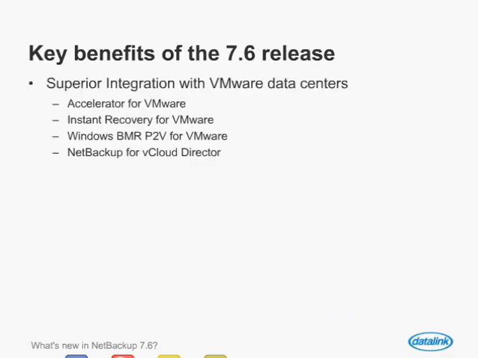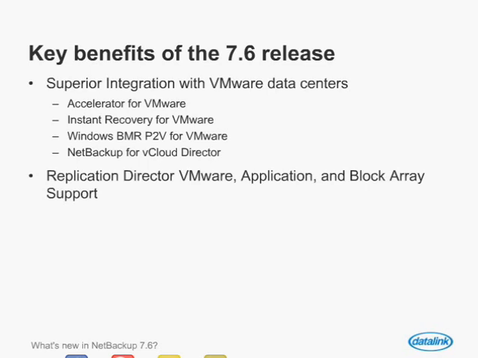What we're going to go through in detail today is the vast advancement in the VMware for VMs, Accelerator for VMs, where I'm able to run incremental backups and manage them as full, integrated completely with VMware, instant recovery within VMware right from NetBackup, being able to do bare metal restore from a physical to a virtual in VMware, as well as being able to back up all of the capabilities within vCloud Director, a new function within VMware.